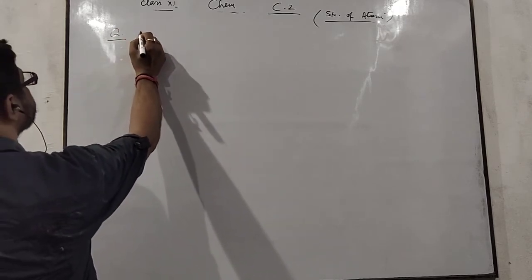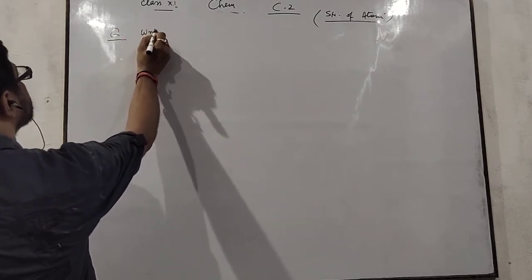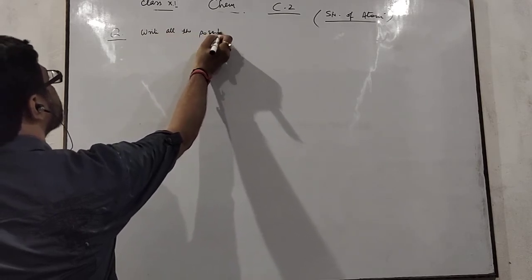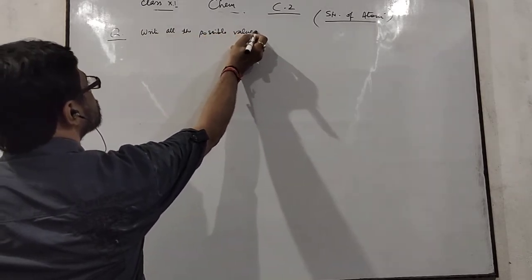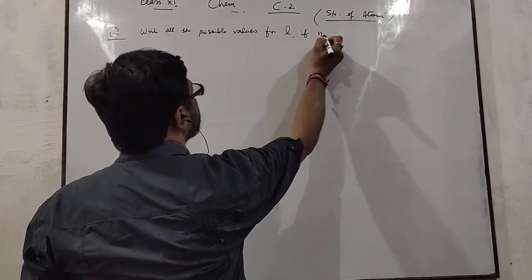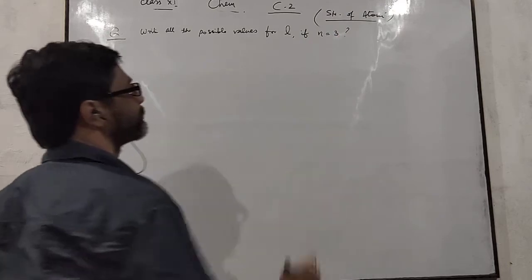First one is, write all the possible values for l if n equals 3.